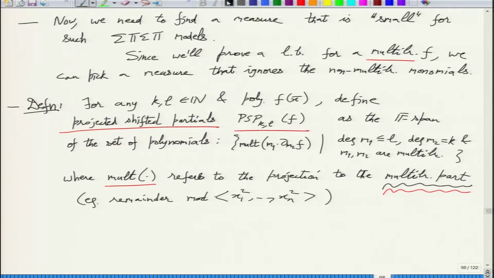Also, taking M2 multilinear is justified because your target f is multilinear. So if you differentiate determinant by x1 square, you will anyways get 0. So you don't get mileage on the lower bound side. So there is no point using anything else as M2. Yeah, M1 is different.